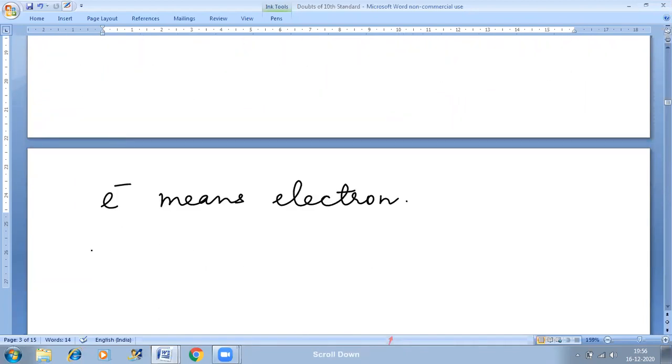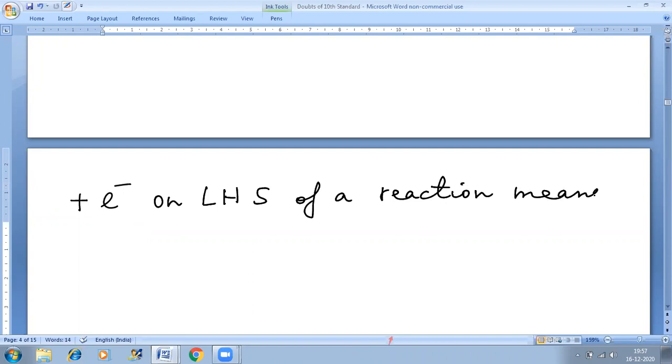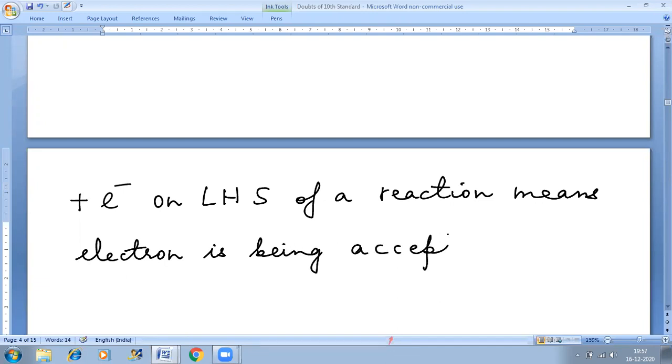So plus electron on the left hand side of a reaction means electron is being accepted or gained by the reactant.